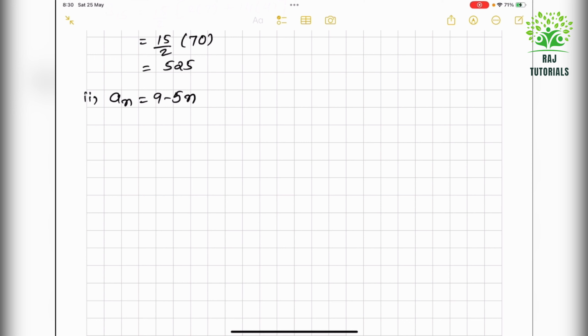Second one says an equal to 9 minus 5n. So again if I find a1, I will be having 9 minus 5 into 1.